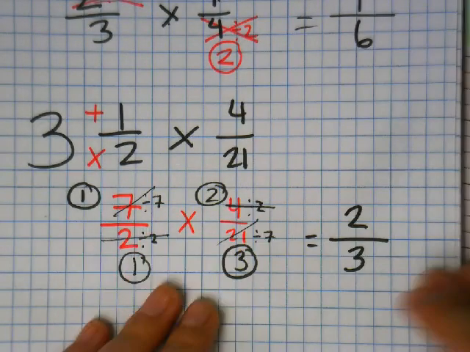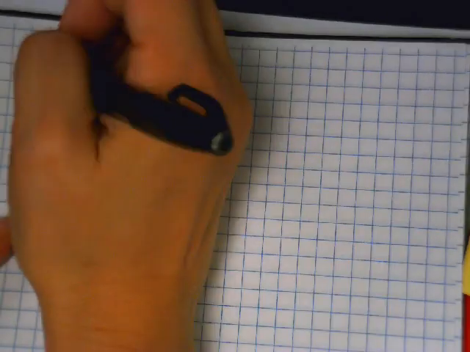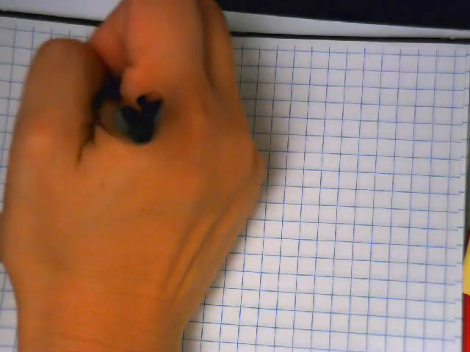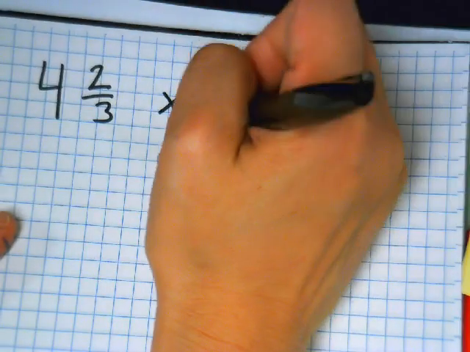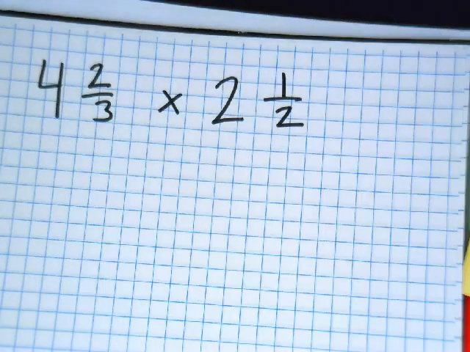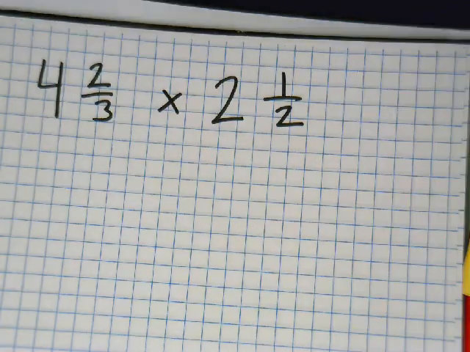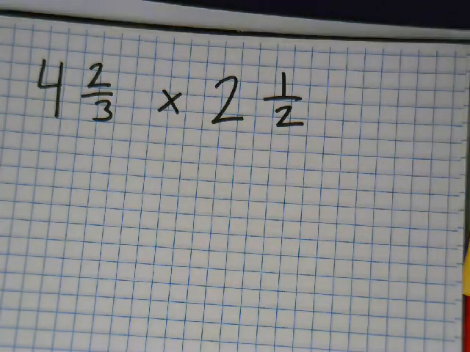Okay, so let's try another problem. We're learning how to multiply mixed numbers. I already gave you one example. This is our second example of how to multiply mixed numbers. It's a lot of steps. They're not hard steps. There's just a lot of them.